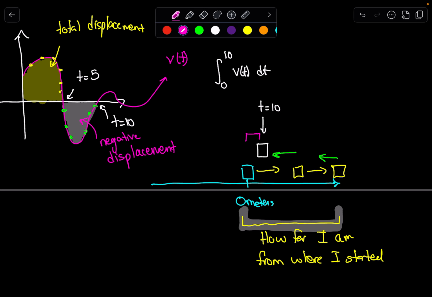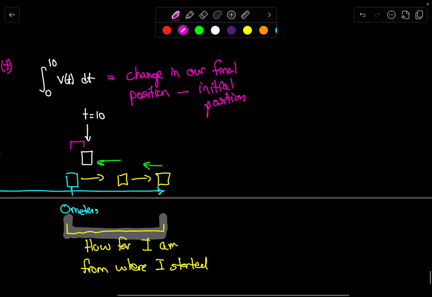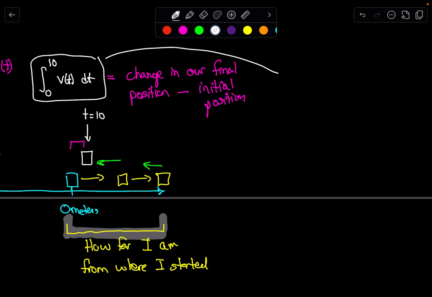And so this total answer that we're getting, if you integrate the velocity function with bounds, and you don't treat it any differently, then what we're really getting here is just the change in our final position minus our initial position, which should make a lot of sense, because if you remember what this integral represents, how do you execute this integral?